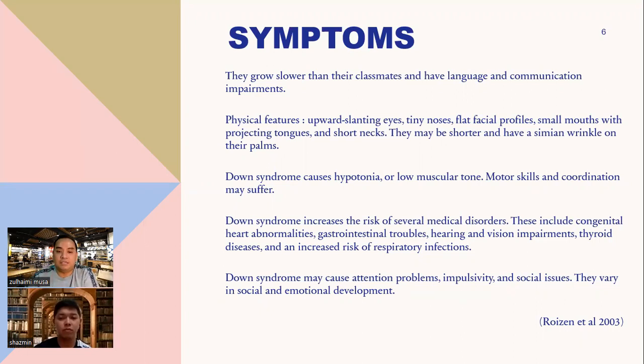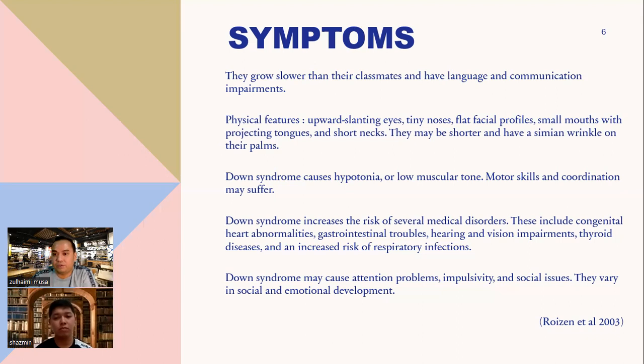Okay, Down syndrome causes hypotonia, which is low muscle tone. So in this case, their motor skills and coordination will be affected. Down syndrome increases the risk of several medical conditions.